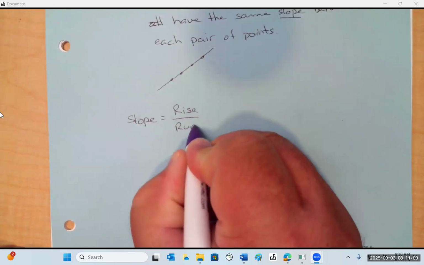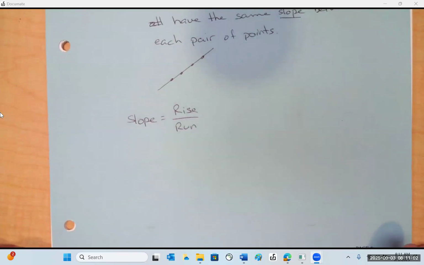Rise over run. Yes, that's partly correct. Again, that's thanks to your elementary school teachers. But this only tells me that the lines go up. Can the lines ever go down?